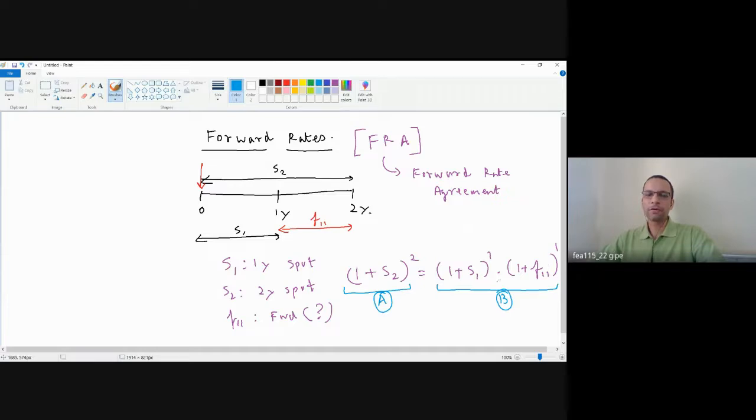That's how I would interpret this, and that's why we have this equivalence. So if I start with the same amount of money today in both portfolio A and portfolio B, no matter what approach I follow, I should arrive at the same corpus at maturity, my 2 year time point. This is how spot rates tie up with forward rates.